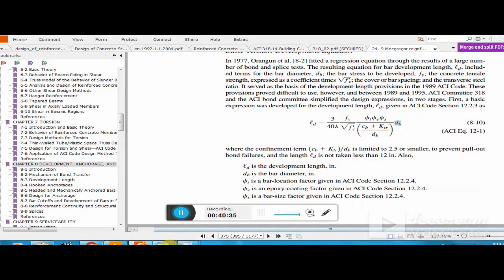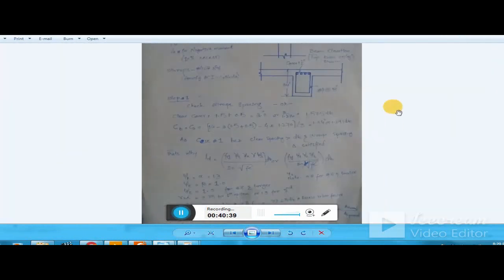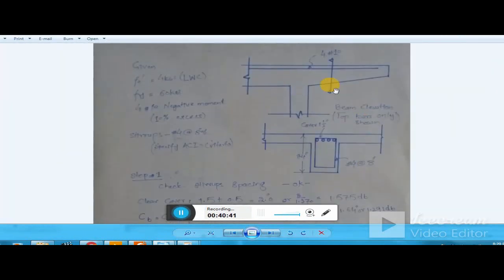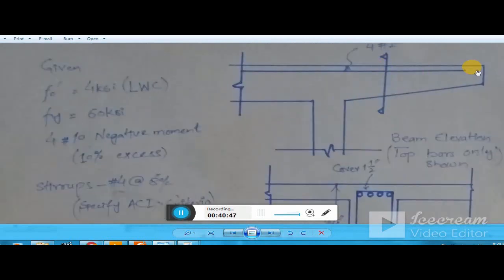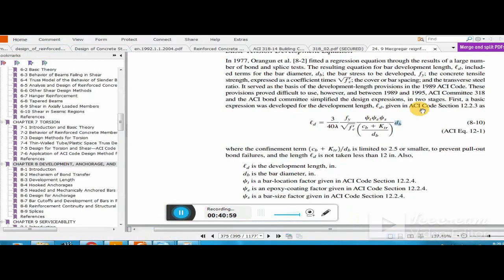Now if these don't work, then you need to provide a hook, and it is very, very important. You need to provide a proper standard hook, and for that standard hook you have to calculate its Ldh.